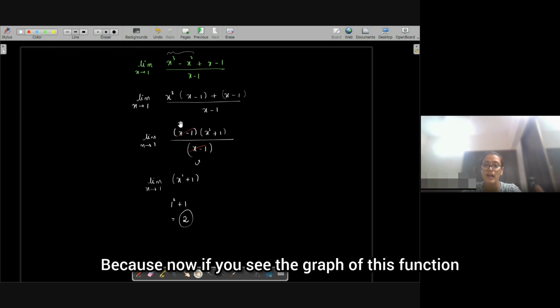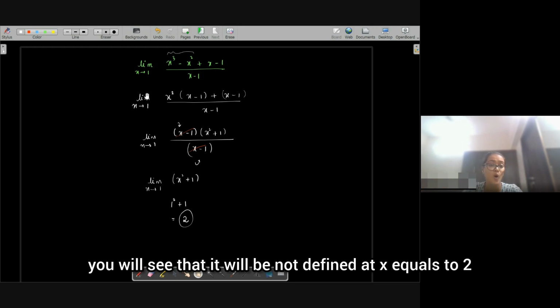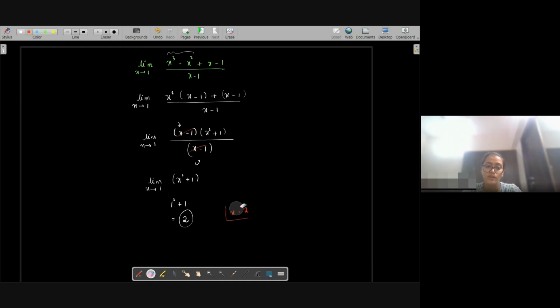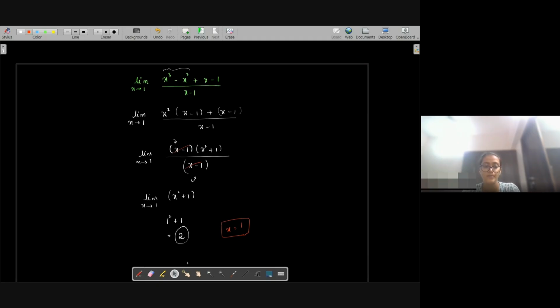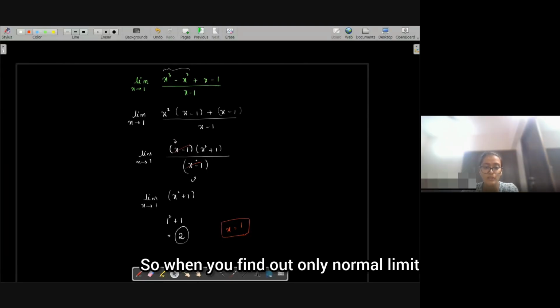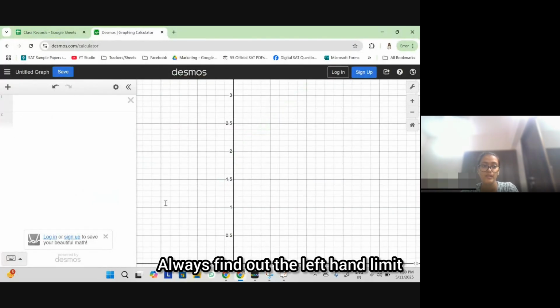Because if you see the graph of this function, you will see that it is not defined at x equals 1, sorry. So when you find out only the normal limit, sometimes you'll get a wrong answer. Always find out the left hand limit and right hand limit.